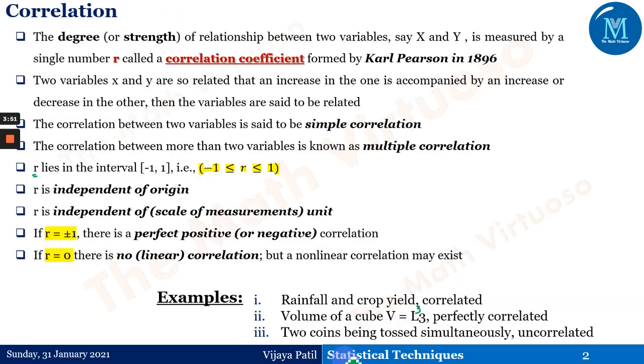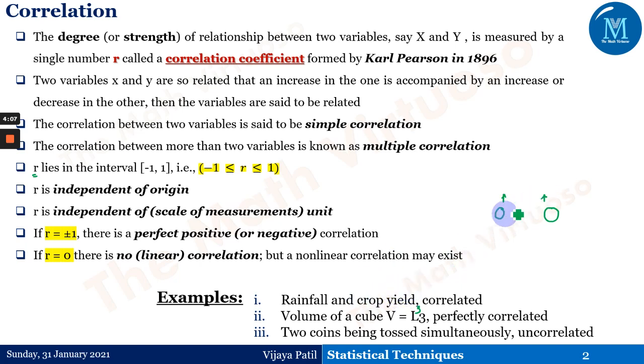Then two coins being tossed simultaneously are uncorrelated. Why? Because this is one coin I am tossing, and this is another coin which I am tossing. The tossing of this particular coin and the tossing of that particular coin will be completely independent.